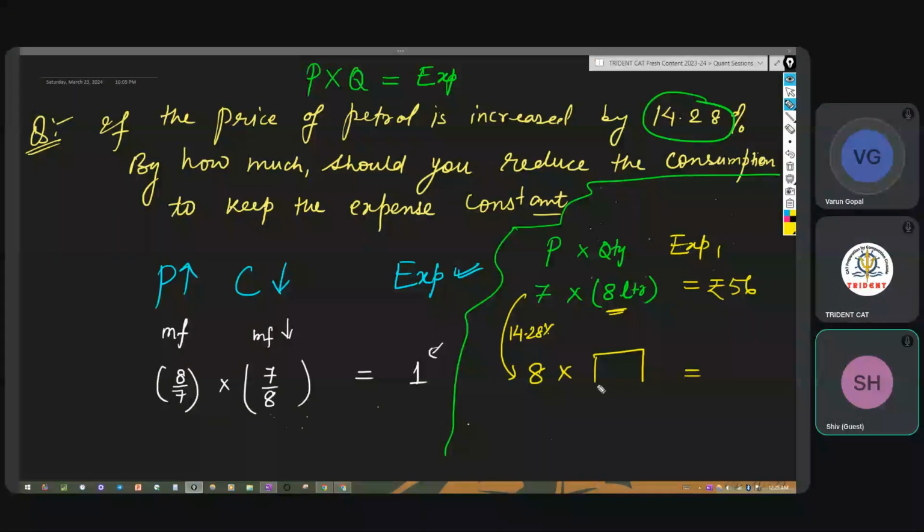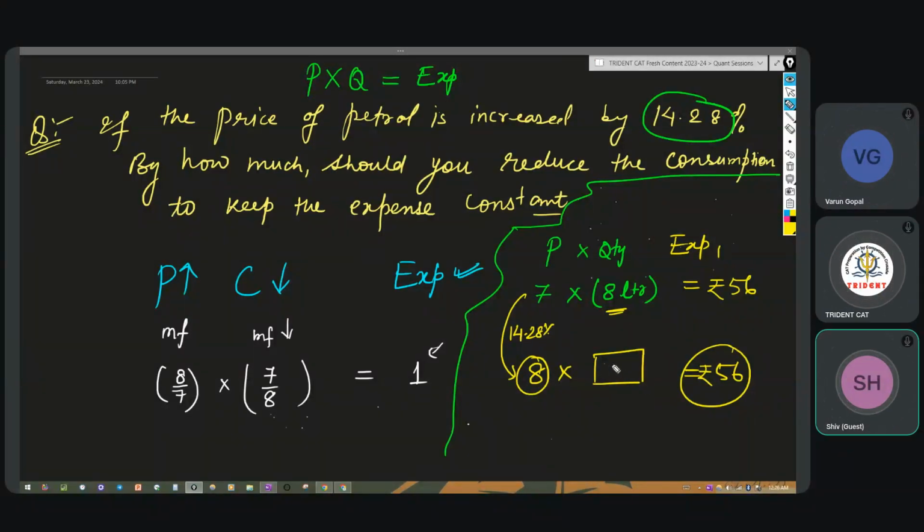I don't know how much reduction in the quantity I need to do, but one thing I know is that my expense needs to be fixed at 56. So at this point, can you see what number I should put in this box so that my expense is fixed at 56?